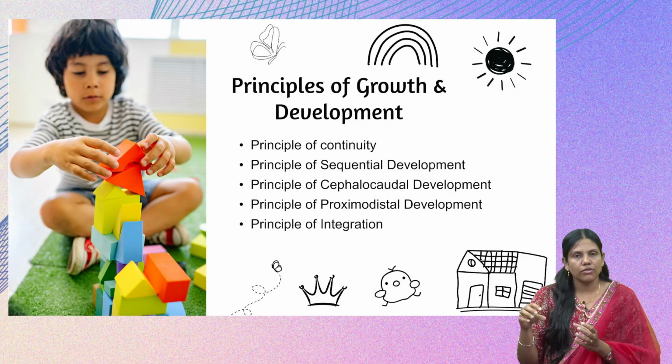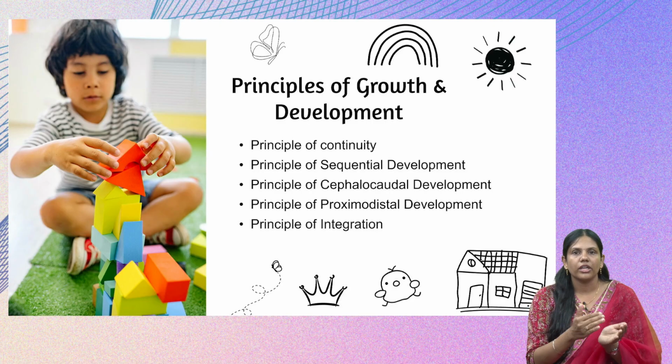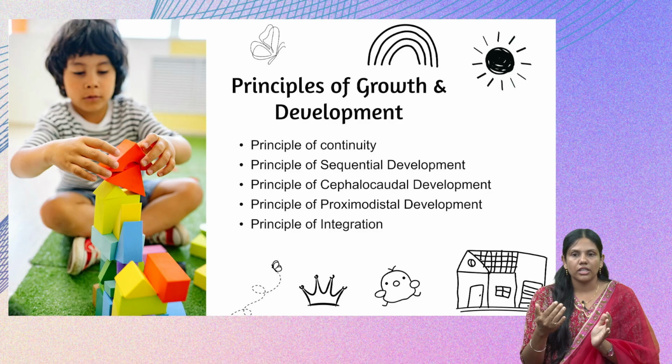So there is a sequence that is followed. Or, the baby directly will not start walking, but before that the baby first crawls, then tries to sit, then tries to stand with support, then walks with support, then walks individually. So like this, there is always a sequence in development.